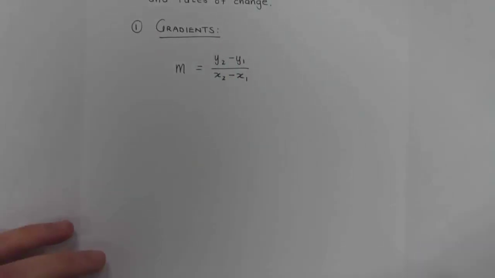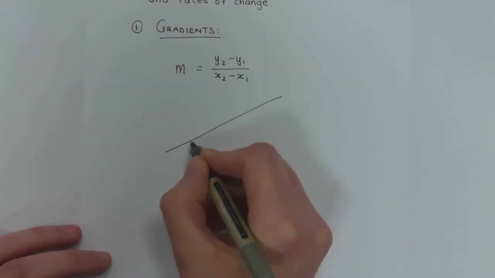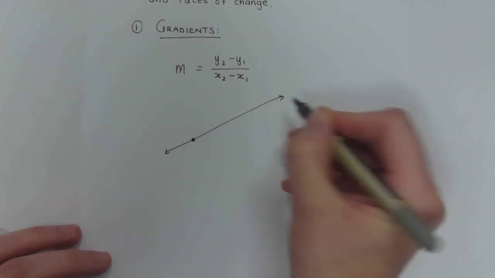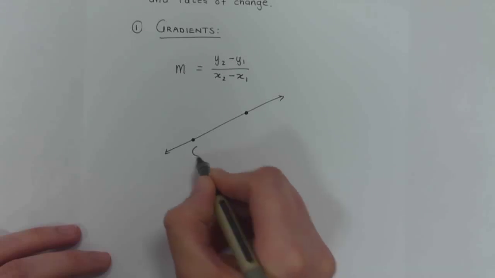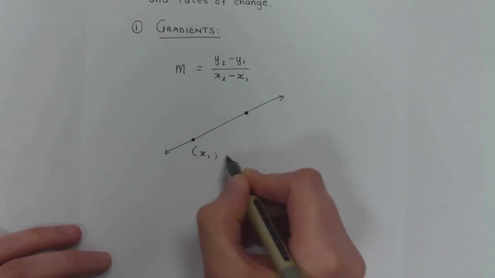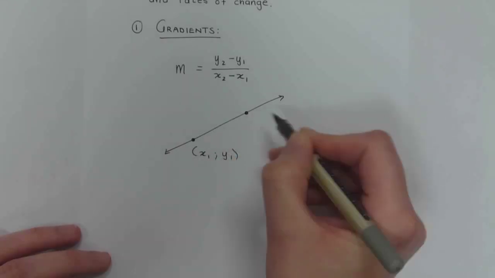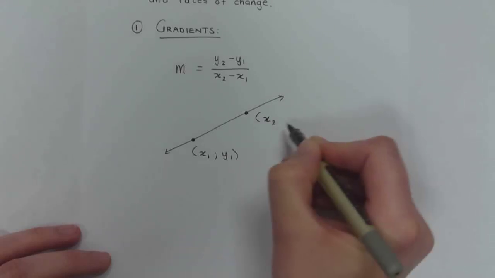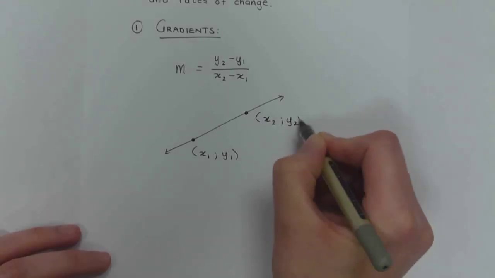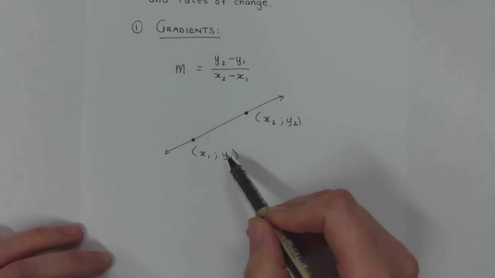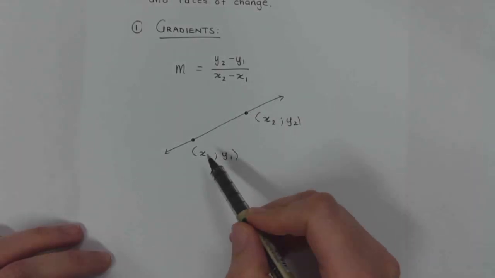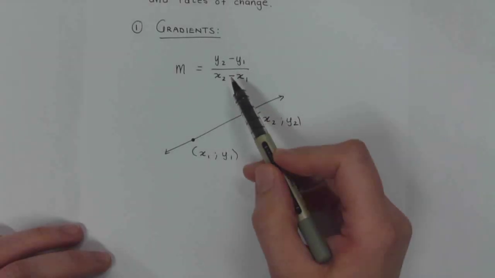That is specifically talking about a straight line. If I have a straight line and 2 points on it, this is the first point, x1, y1, and that is the second point, x2, y2. Then if I find the difference in the y-coordinates divided by the difference in the x-coordinates, that's called gradient.